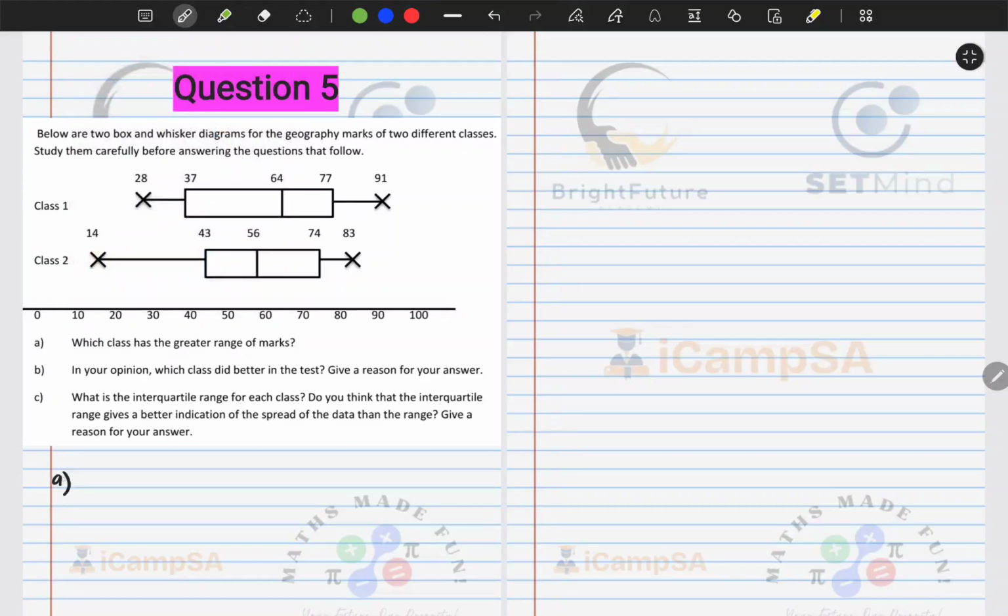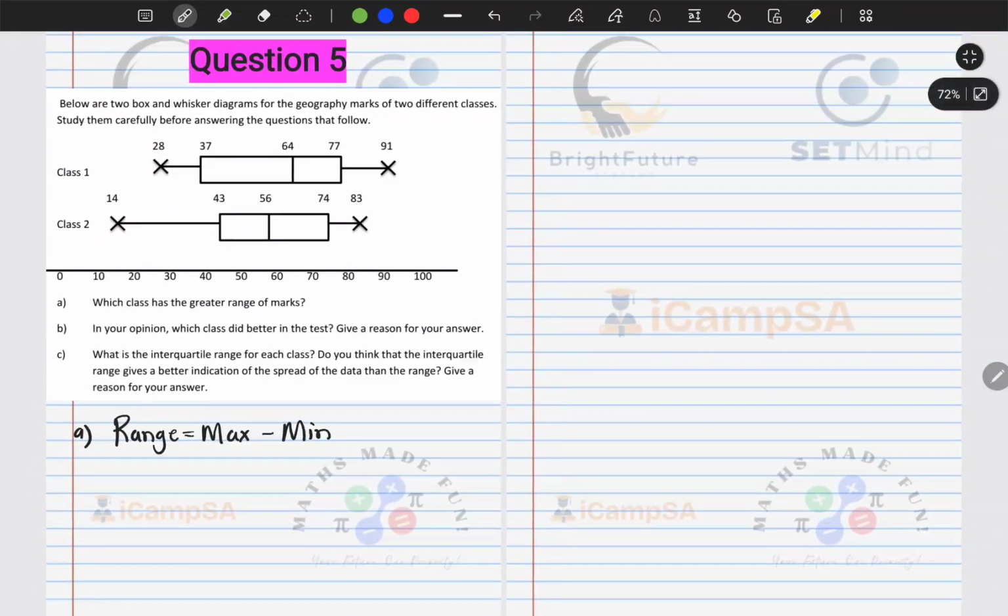What I need to remind you is what is range. Range, you should remember, is the maximum value minus the minimum. Okay. So let's have a look at class 1. Because we're looking at range, I'm going to need to read the minimum.